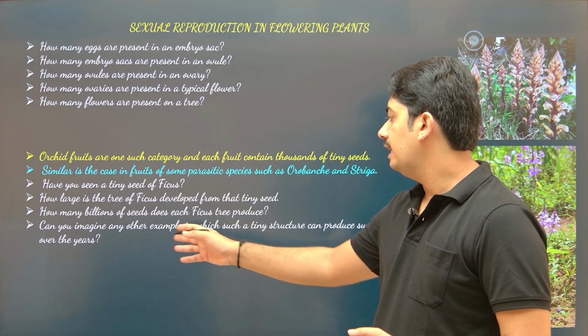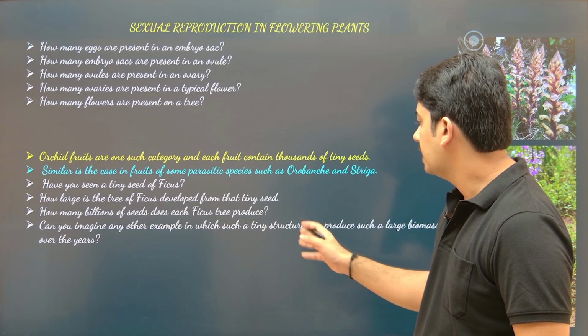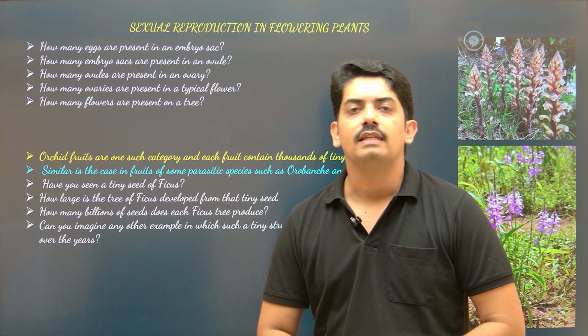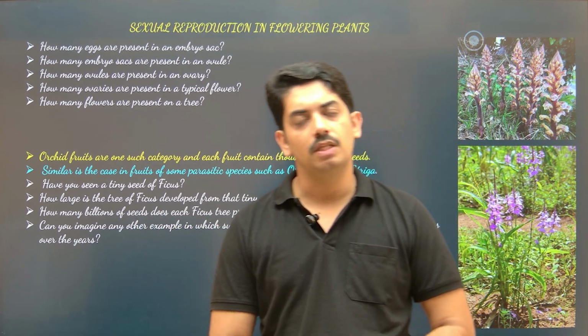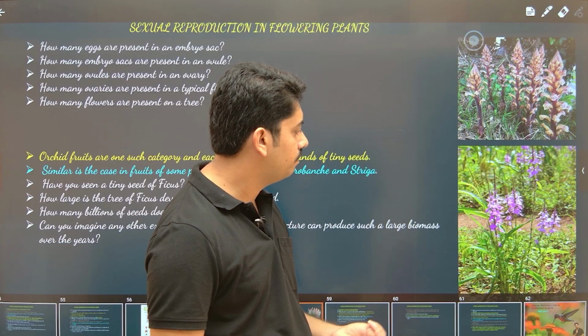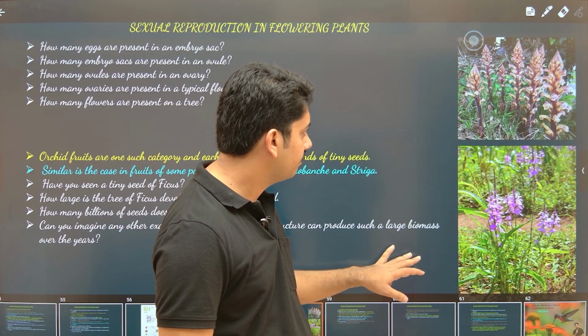Can you imagine any other example in which such tiny structures can produce such a large biomass over the years? We are asking for some other example similar to the ficus plant. If you want, you can search for such plants in nature.